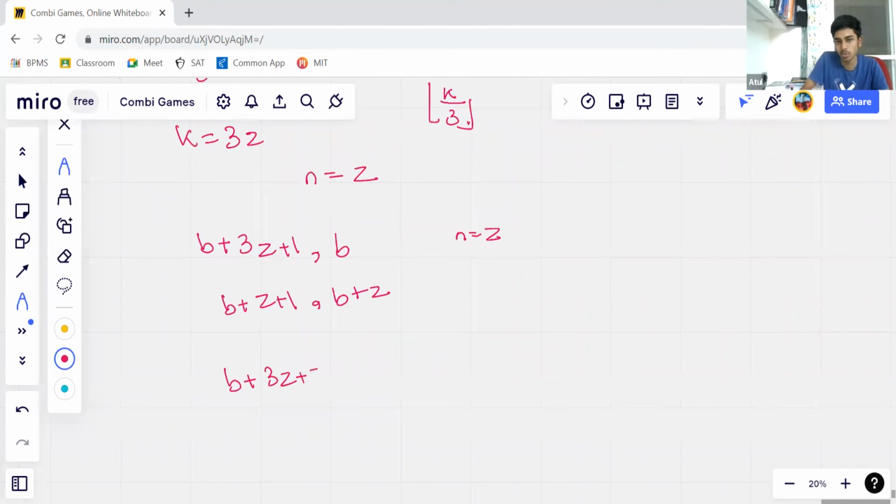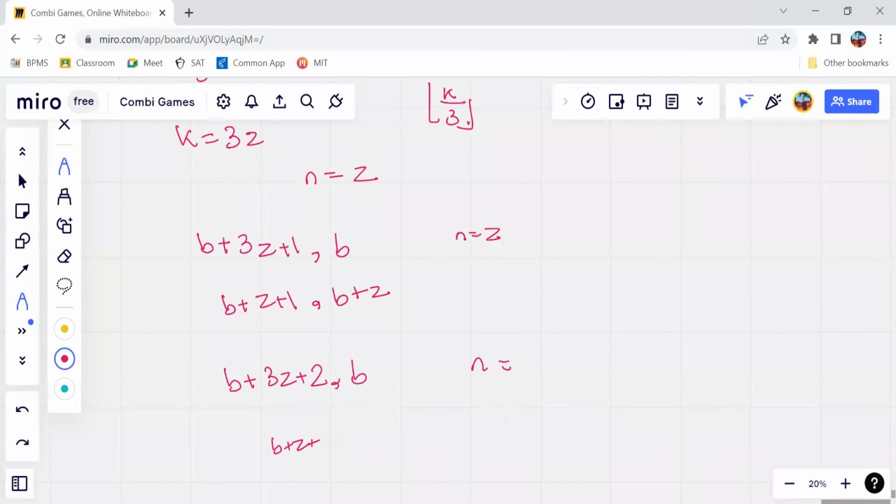And the last case is if you have b plus 3z plus 2 and b. In this case, we'll take n equal to what? If you take n equal to z, then this becomes b plus z plus 2 and b plus z.